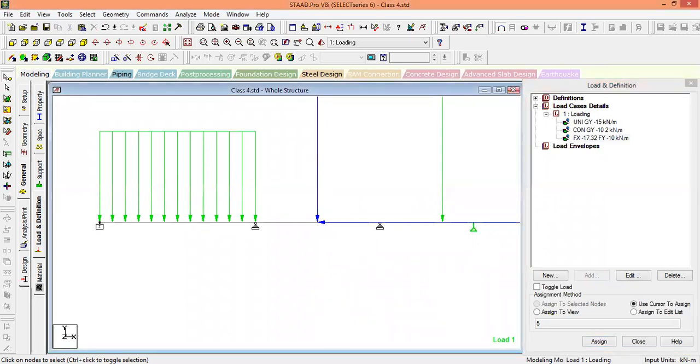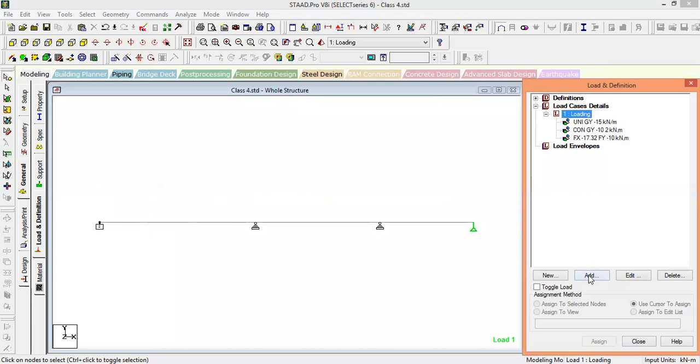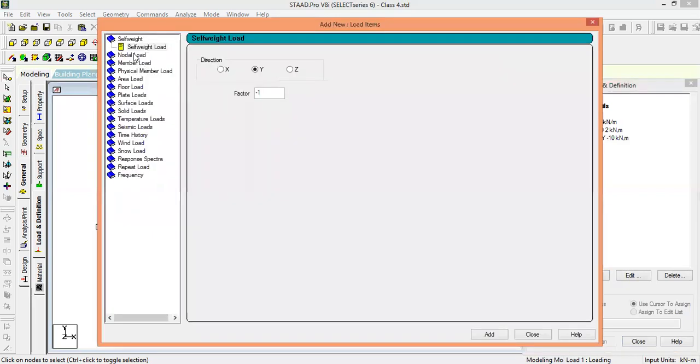Now, in the problem, they have given that the second support should be sunk by 10 mm. Sometimes the foundation may settle. Therefore, in that case, you should consider the settlement. It becomes a settlement problem, and therefore, for that, you should again go to loading, add, go to node load.